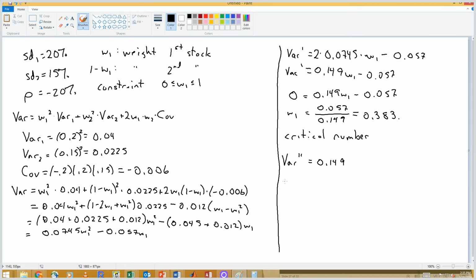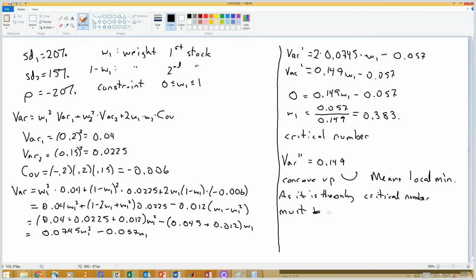So this means the function is concave up, which means we have a local min, which is good, but as it is the only critical number, it must be an absolute minimum.